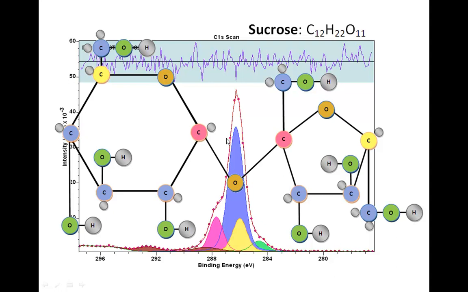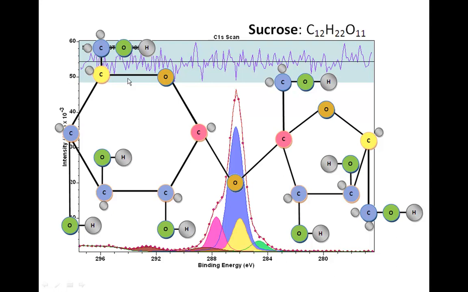So I'm starting off with an assumption that I have photoemission from carbon, and I can identify different chemical states within this molecule and introduce peaks that represent the signal from these different chemical states, and then I arrange them in a way that I think is appropriate for the spectrum given the context of the material I think I've got.